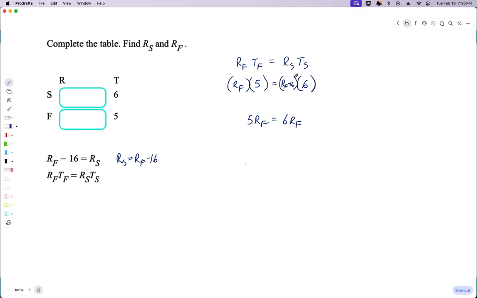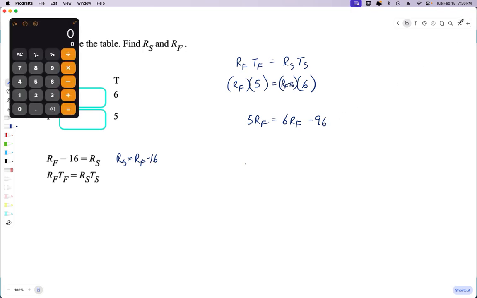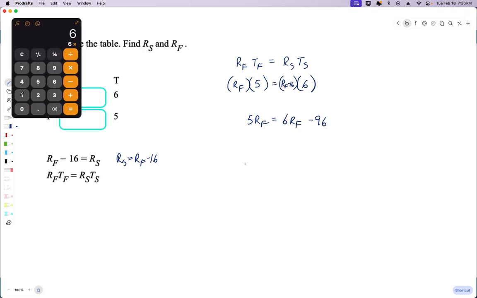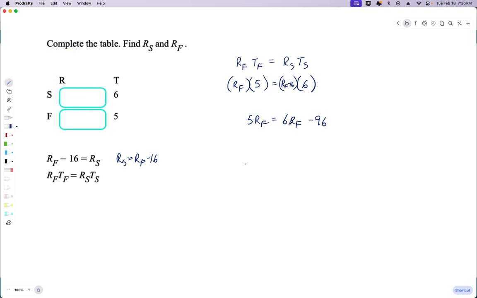And 6 times negative 16 is negative 96. I'm pretty sure. Let me double check. 6 times 16. Ooh, I got it right. There we go. All right, so now all I got to do is subtract 6RF from both sides.